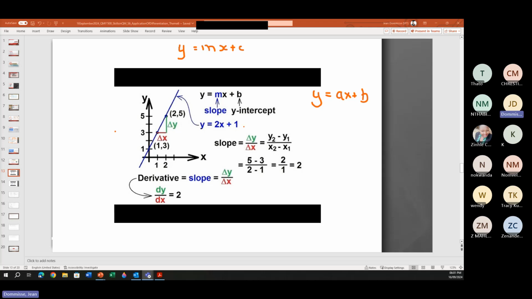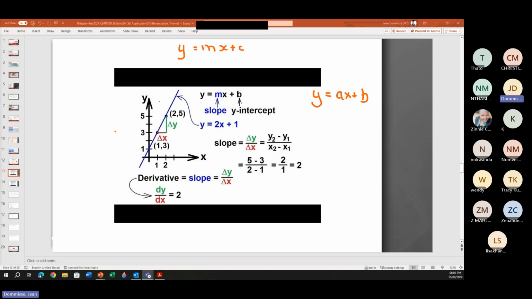Okay, but whatever that variable is that is referencing the slope, how we will work out the slope is by looking at the difference in the two y points divided by the difference in the two x points. So y2 minus y1 over x2 minus x1.